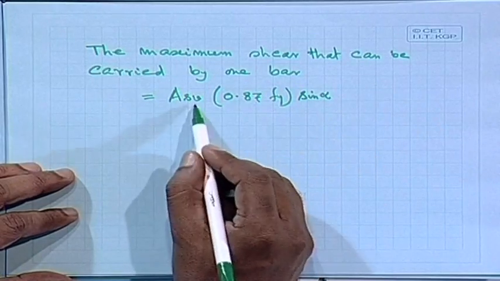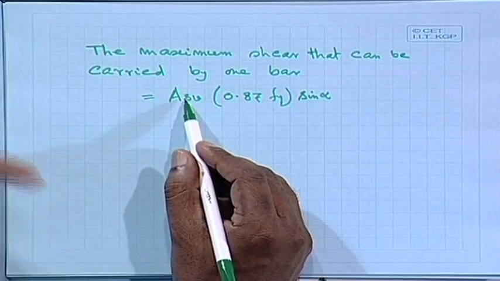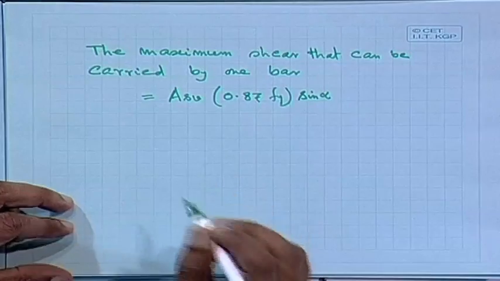If we consider a stirrup that is two legged, we have taken care of that twice in ASV.